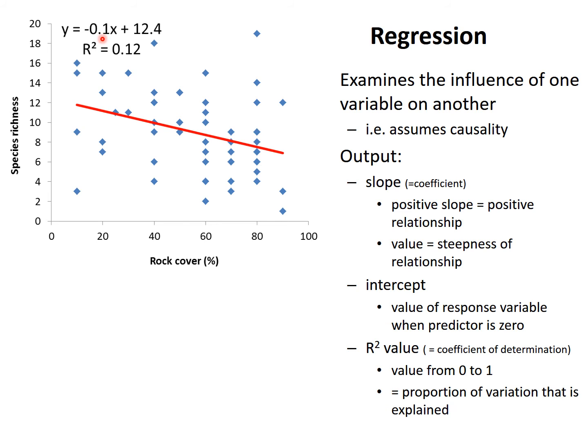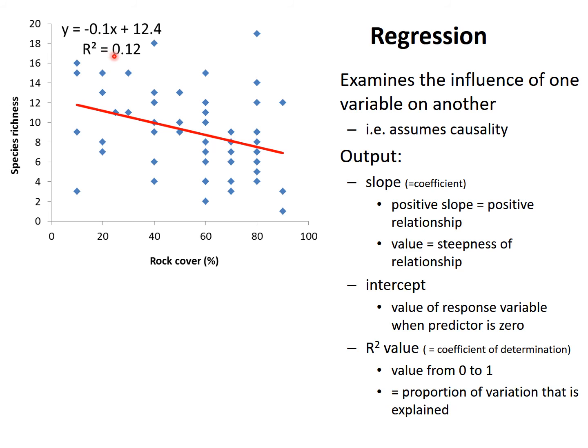So that would be steeper. The intercept is this number over here, and that represents what the value of y will be when x is 0. Okay, that's sometimes useful. In this case, it suggests that when rock cover is 0, we'll have on average 12.4 species.